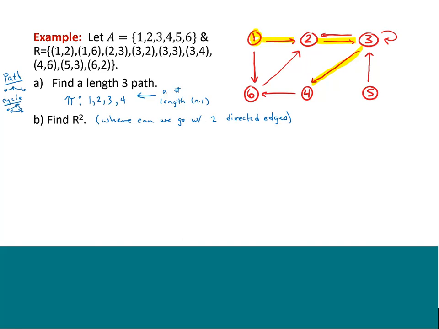So if we tried to make a chart of what we were doing, here's our starting point. Suppose we started at vertex 1. Where could we go in 1 step, or using 1 edge, if we start at vertex 1? Where could we travel to, in other words?